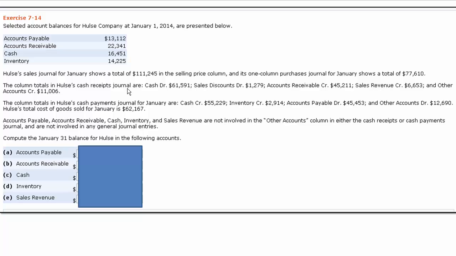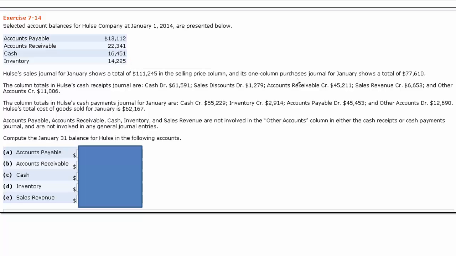Now, cash is real straightforward. You're going to have to start off with the beginning cash amount and then show, with the information provided, when cash was increased and when cash was decreased. With inventory, we've got to start off with that $14,225, and then we need to show all the places where inventory was increased and where it was decreased.